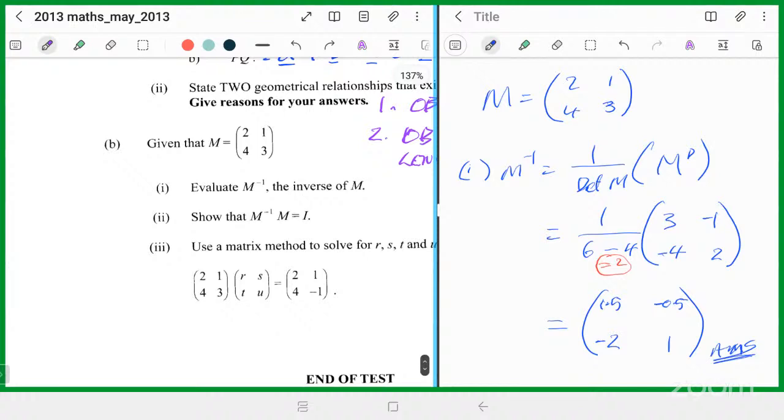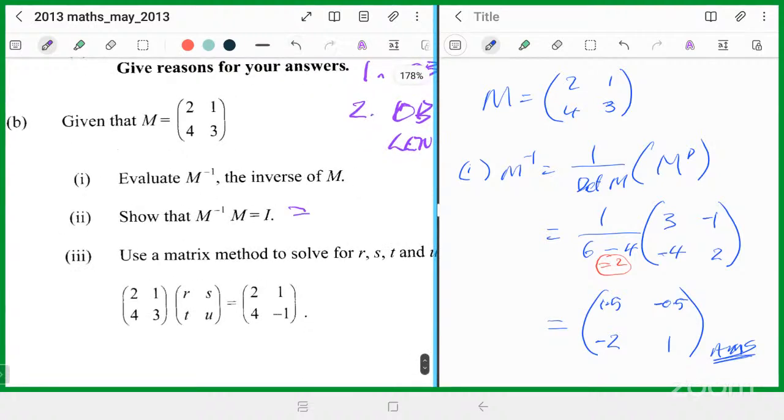Next part says show that M to the minus 1 times M equals I. So you have to know that I is the identity for multiplication, 1, 0, 0, 1.